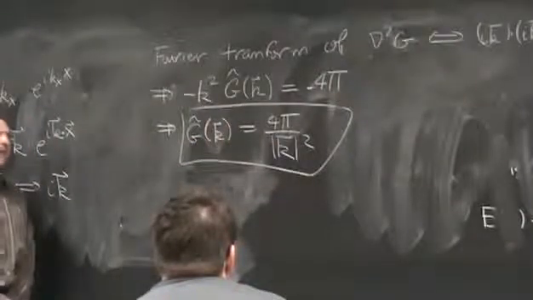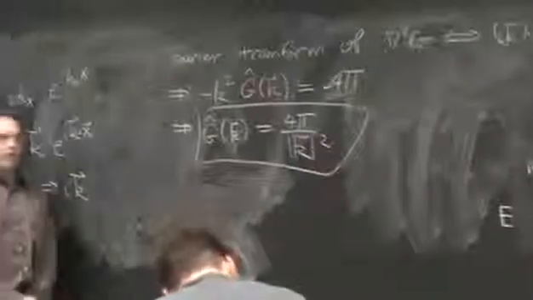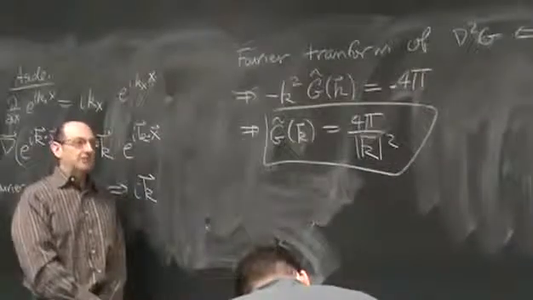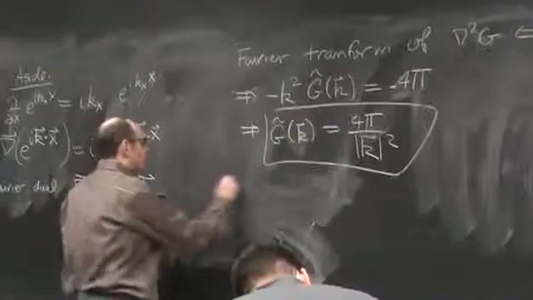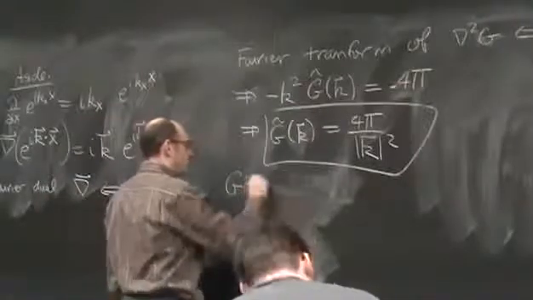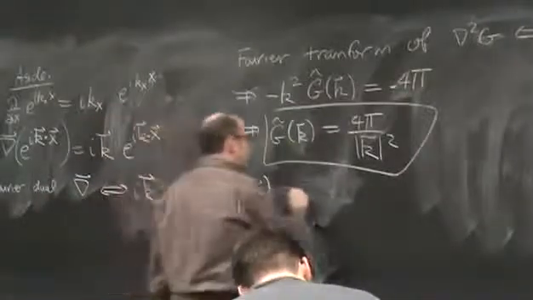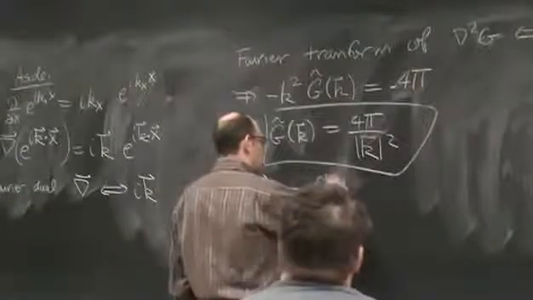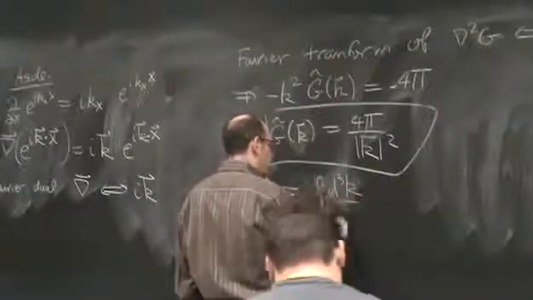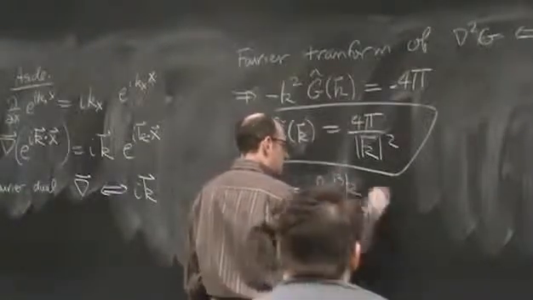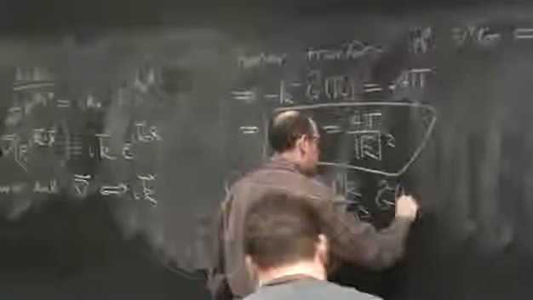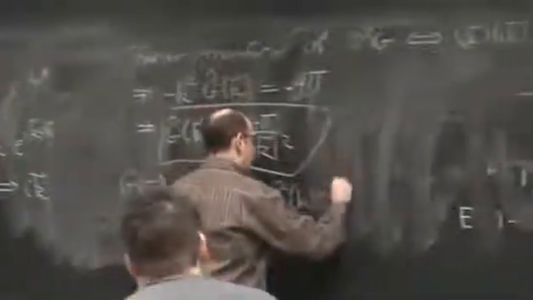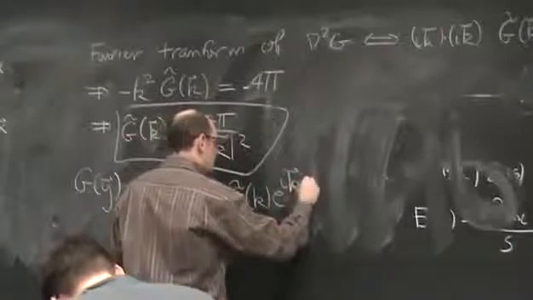So now we just have to take the inverse Fourier transform to find the Green's function. The Green's function as a function of its argument is equal to the integral over 3 k vectors of G tilde of k, e to the i k dot y.